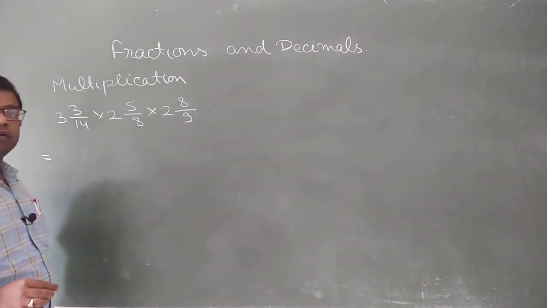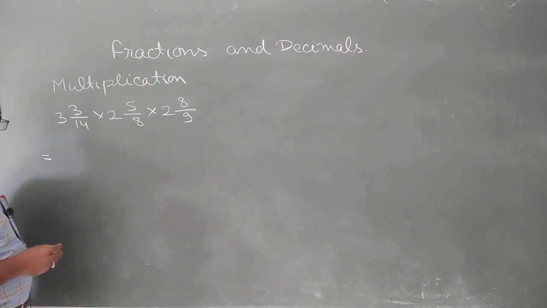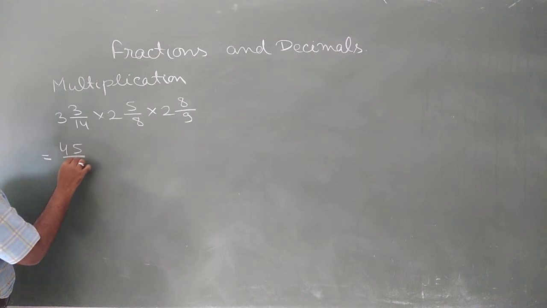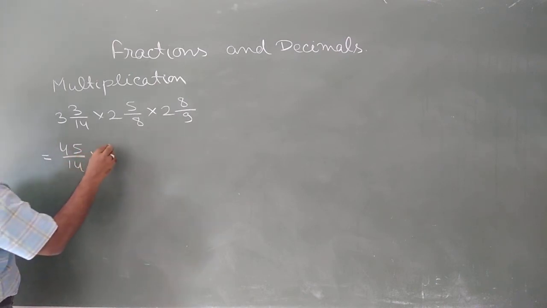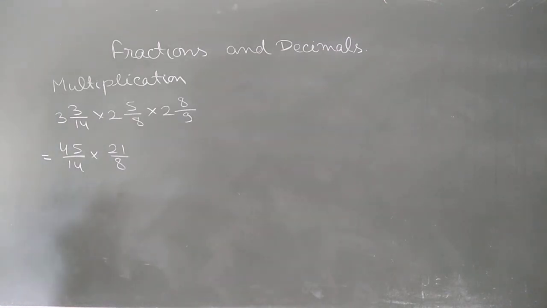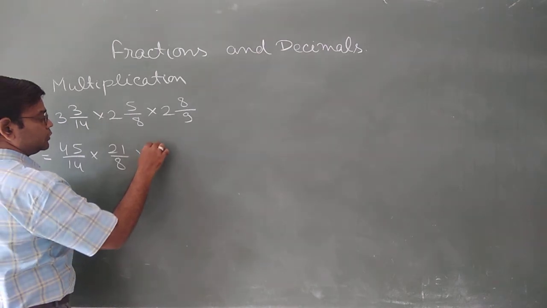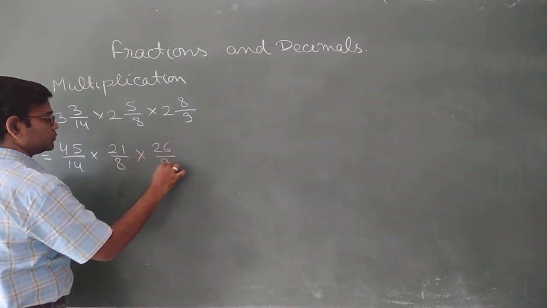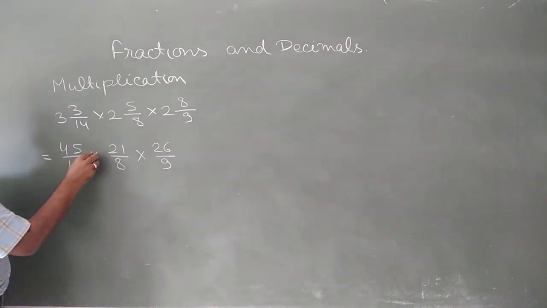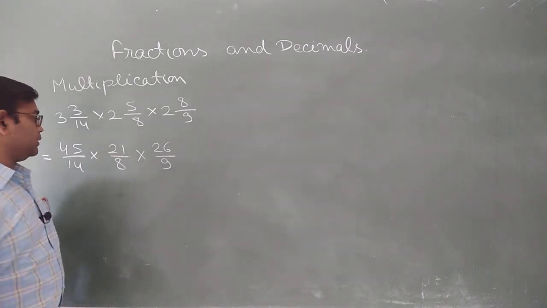What is our first work? We have to convert them into improper fractions. 14 3s are 42 plus 3, 45. Similarly, now see here, in between each and every fraction we have a multiply sign, so we have to multiply them.